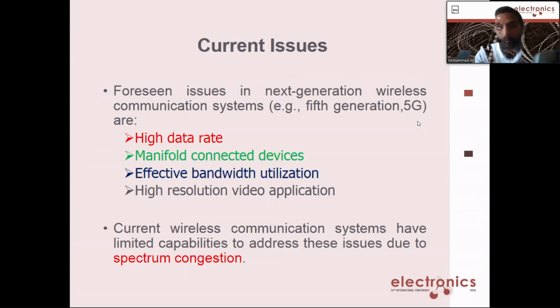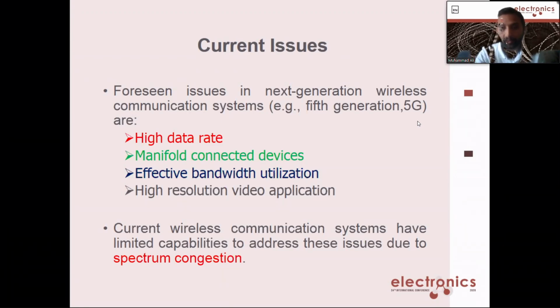However, in addition to that, high resolution video applications are also going to increase day by day, for which the current spectrum cannot accommodate such a huge amount of devices with proper data while providing a proper data rate requirement.